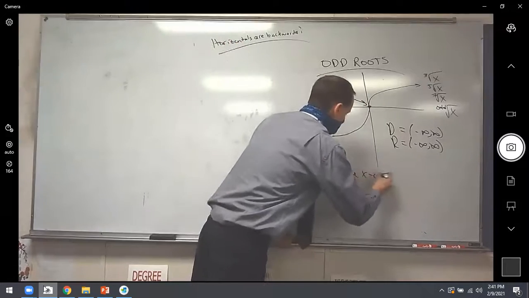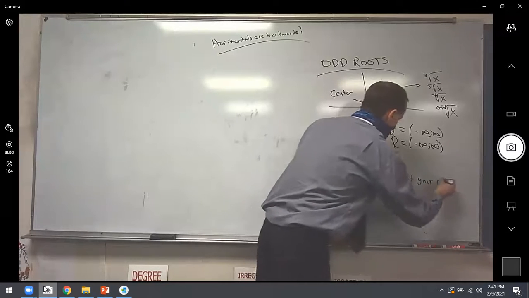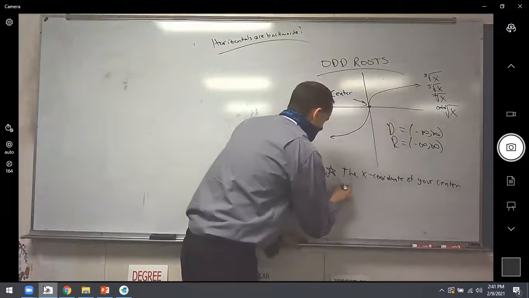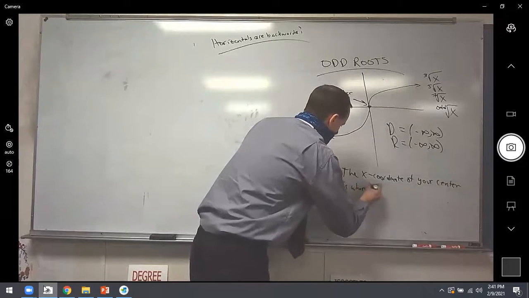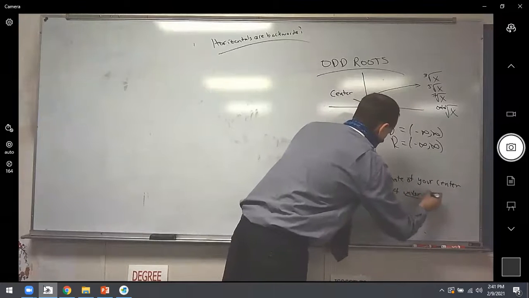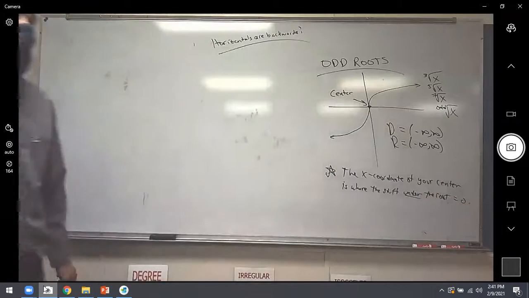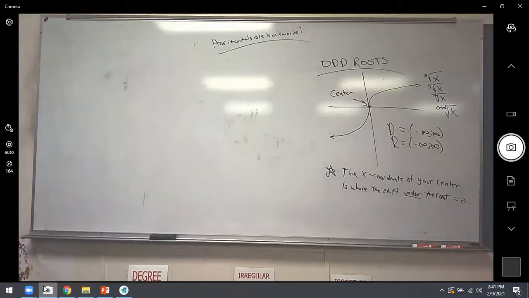The x-coordinate of your center is where the stuff under the root again equals 0. It's the same exact note you just wrote down, just not with the word vertex, with the word center. And again, that will help guide you in figuring out what these graphs are going to look like. Other than that, exact same nonsense.